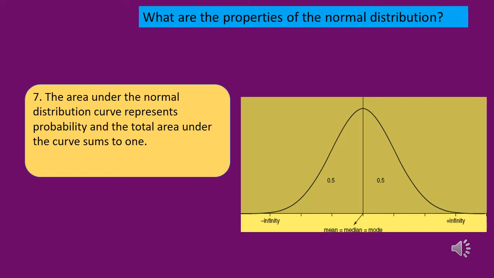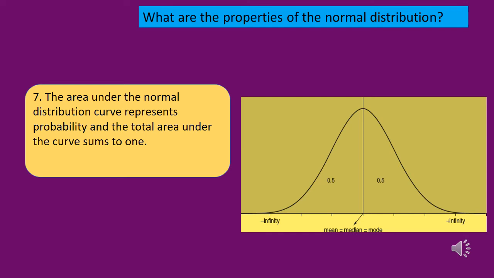The next characteristic is that the area under the normal distribution curve represents probability, and the total area under the curve sums to 1. Why? Because one half is on the left side and the other half is on the right side: 0.5 on the left and 0.5 on the right.